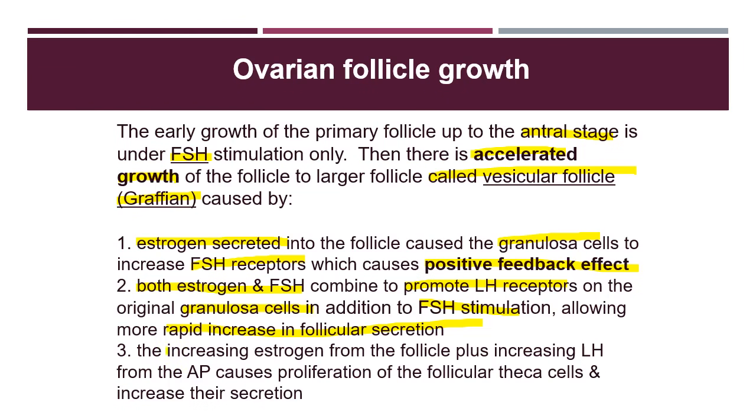Finally, the increasing estrogen secretion from the follicle plus increasing LH from the anterior pituitary gland together will induce proliferation of the thecal cells and increase their secretion of androgens.